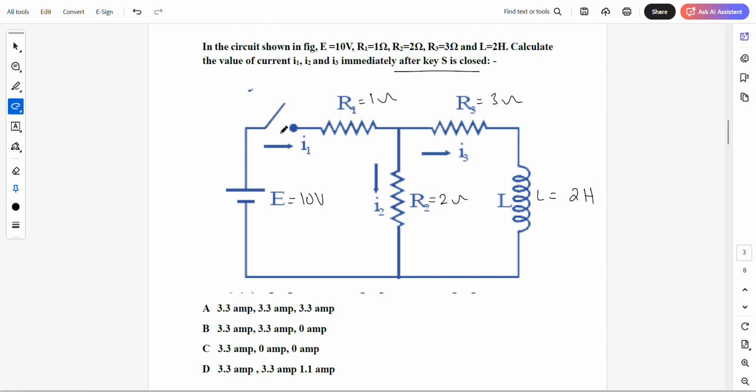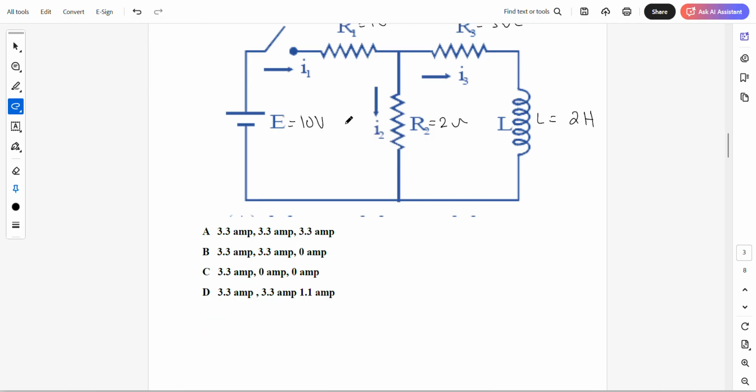When the key is closed, I'll just write on this circuit. This is E. When this key is closed, what happens to the inductor? It gets open circuit.